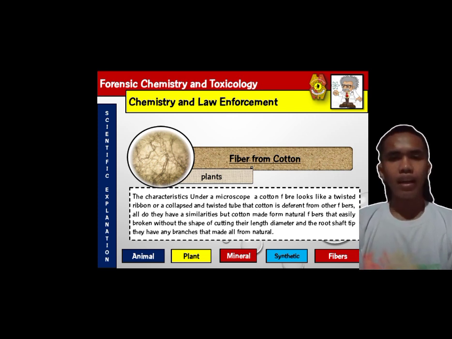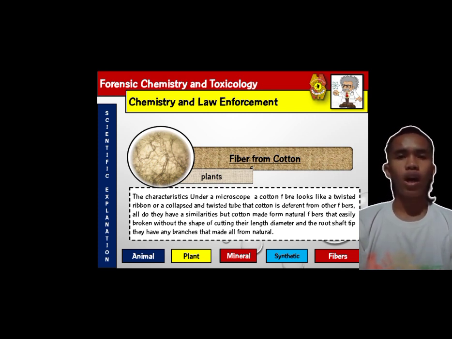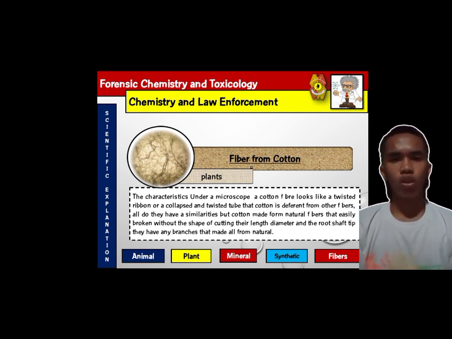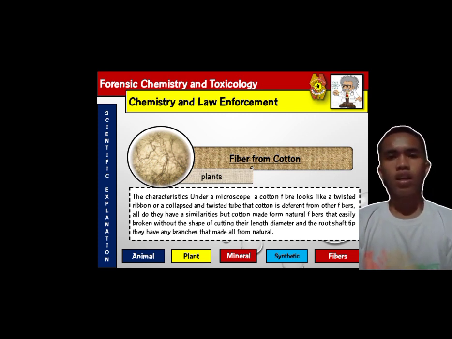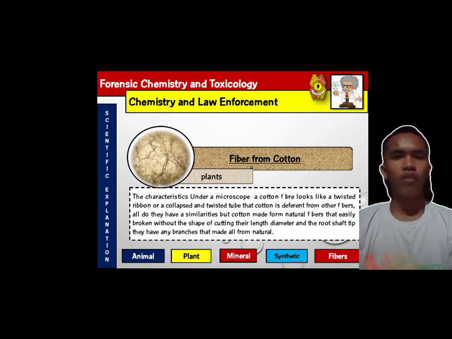Under the microscope, cotton fibers look like a twisted ribbon or a collapsed and twisted tube. That is how cotton is different from other fibers. Although they have similarities, cotton is made from natural fibers that are easily broken, without the shape of cutting, in their length, diameter, and root shaft tip. They have branches, all made from natural material.